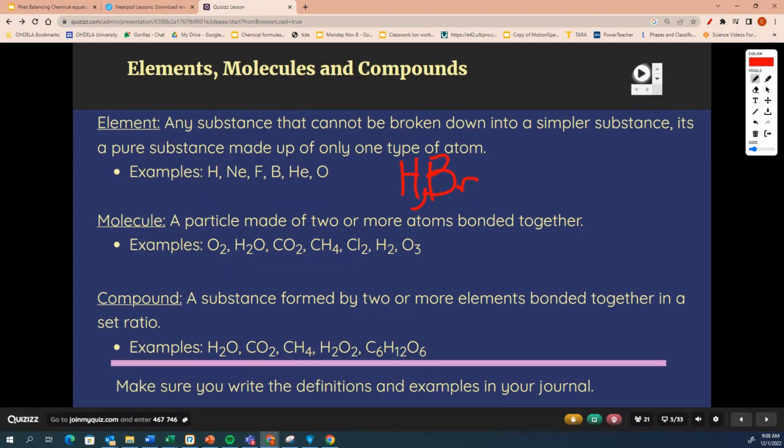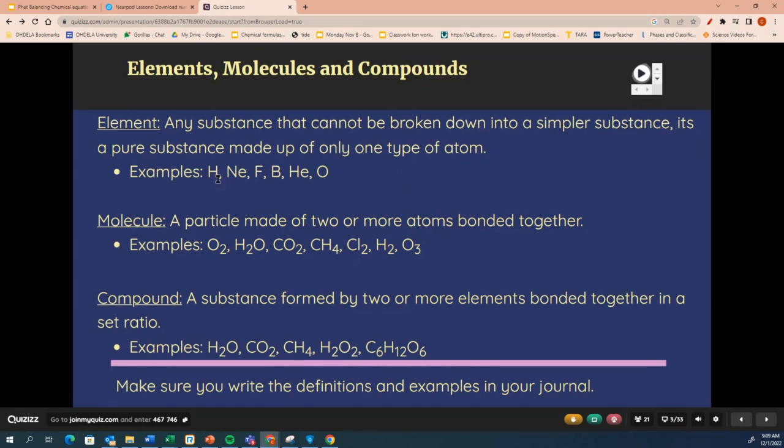So HBr is not one thing, it's two things, and the small letter goes along with the capital letter. This is one element, and this is one element, so it makes two. We're not going to have commas in here, so we have to look at those.